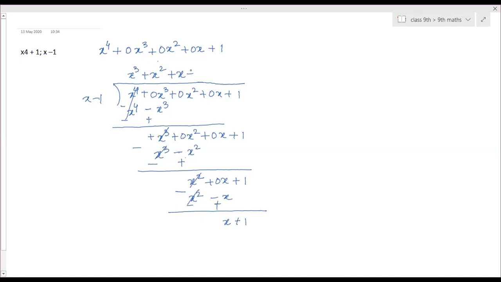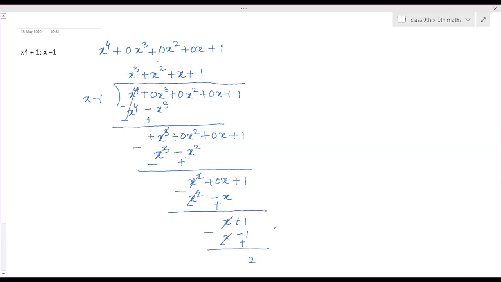Now quotient, 1. 1 into x, x. 1 into minus 1, minus 1. Subtract, this is plus. x minus x, 0. 1 plus 1, remainder is 2. Now further we cannot divide. So quotient you got as x cube plus x square plus x plus 1, and the remainder is 2.